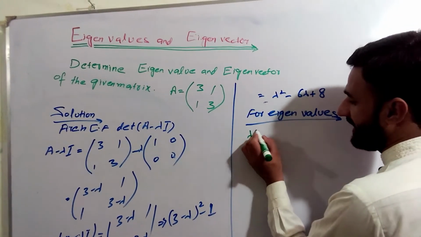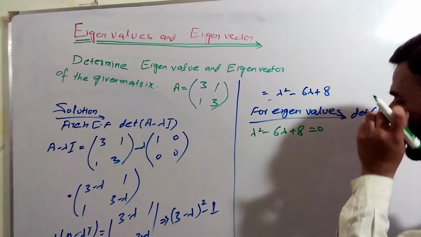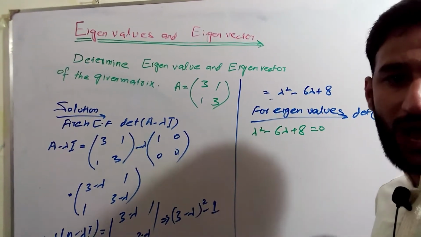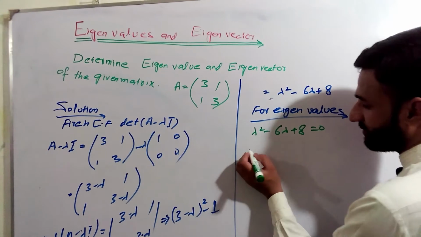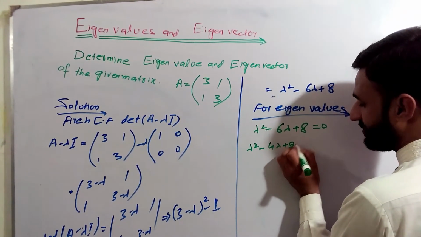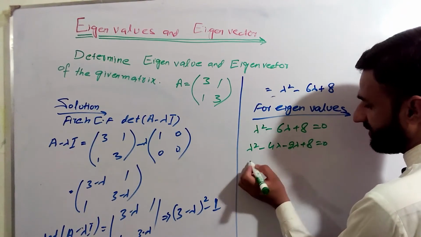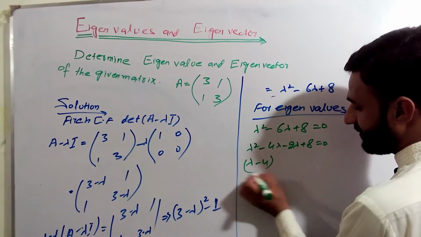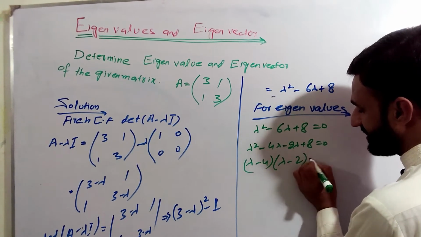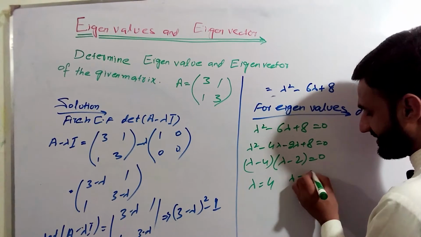So here is lambda square minus 6 lambda plus 8 equal to 0. You notice that this is a quadratic equation, and you can easily find the factors: minus 4 lambda minus 2 lambda plus 8 is equal to 0. Here is lambda minus 4, here is lambda minus 2 equal to 0, and lambda is equal to 4 and lambda is equal to 2.